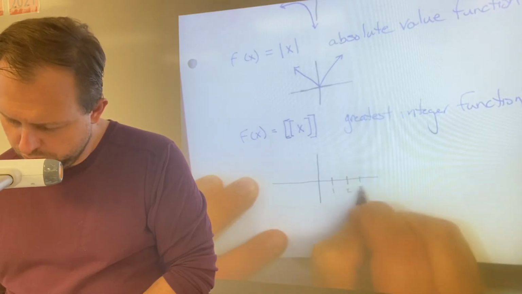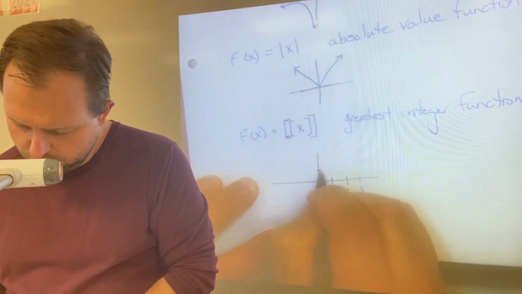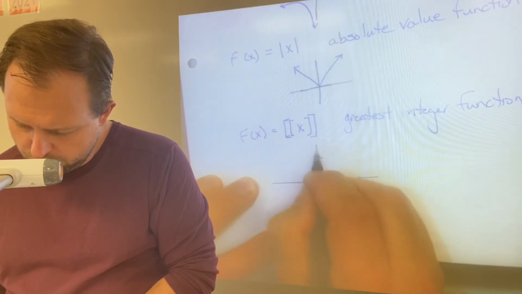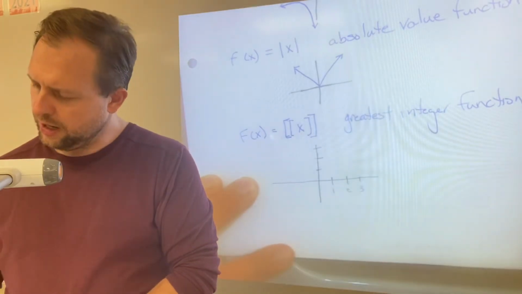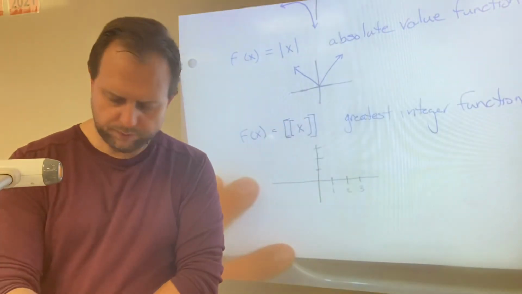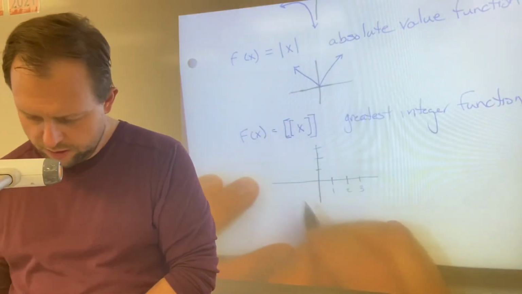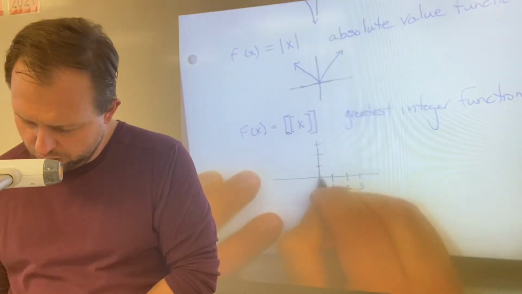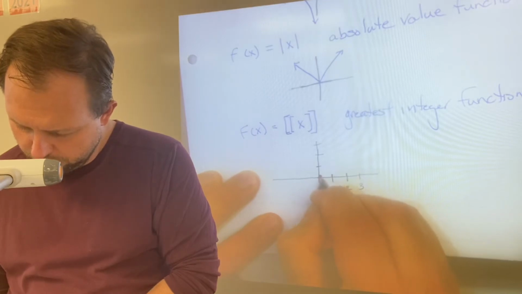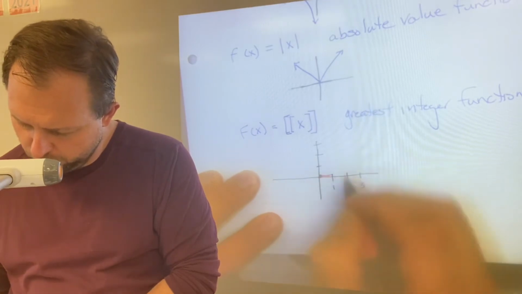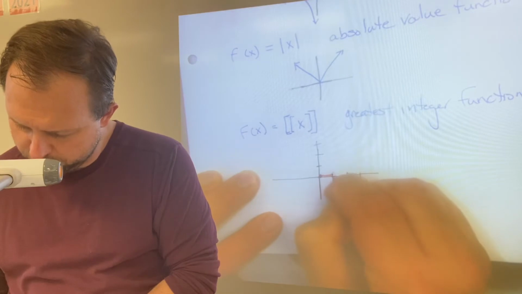One, two, three. And the steps closed at 0, and it went all the way over to 1 where it was an open circle.